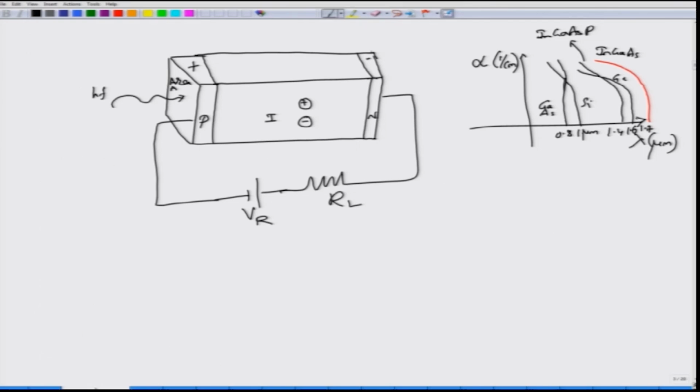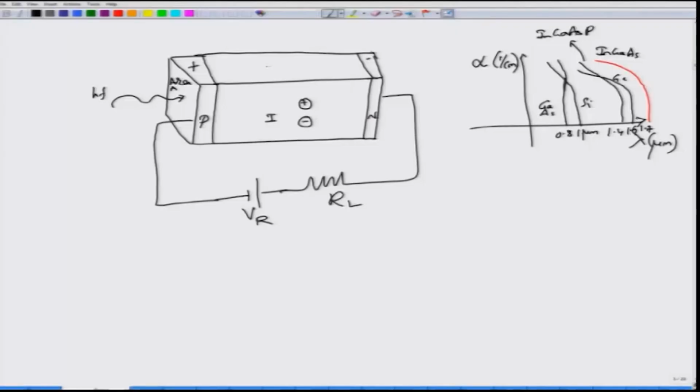The intrinsic region is kind of neutral, although in a PIN photodetector that is normally used in photodetector designs, it will be slightly P region. The slight P-ness comes because of the doping impurities, or sometimes it is just internally added in order to manage the electric field.